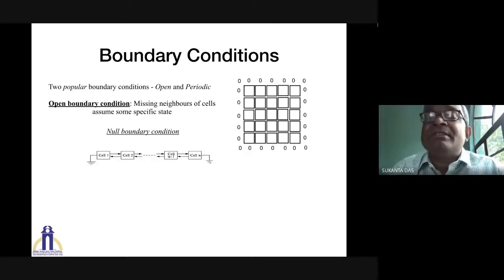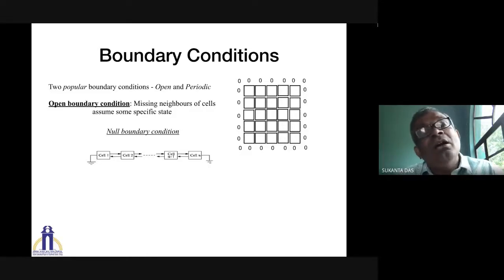Fixed boundary condition means you assign some fixed state to the missing cells. But there are some works, some authors, where variable states are considered. Suppose time to time the state of missing neighbors will change. That is also considered. Okay, so there are several options of this open boundary condition.